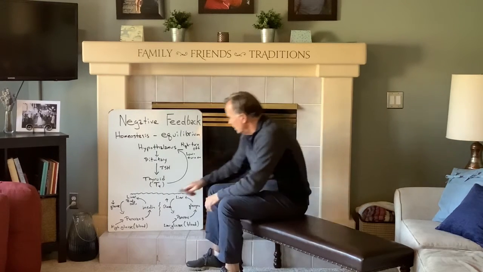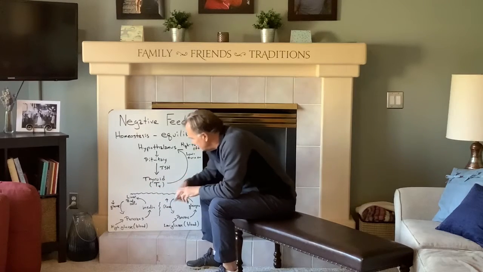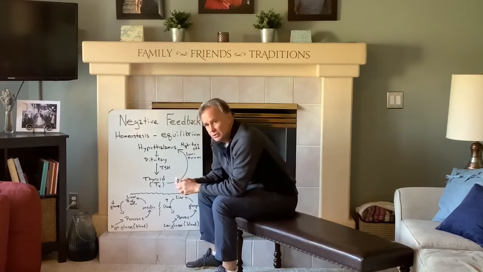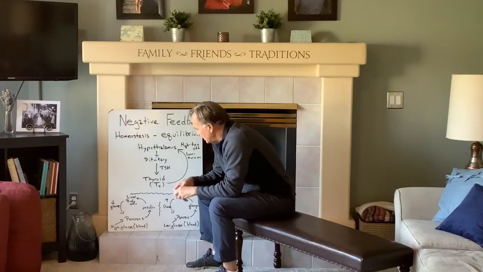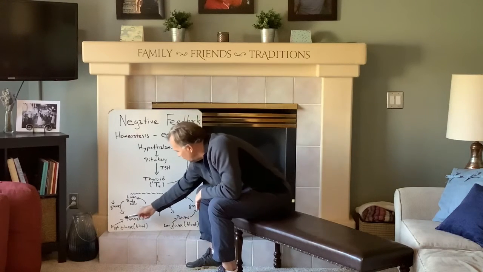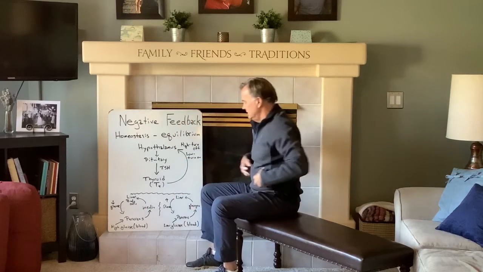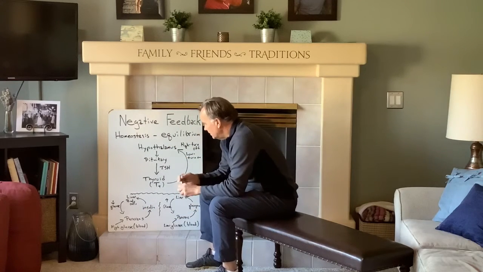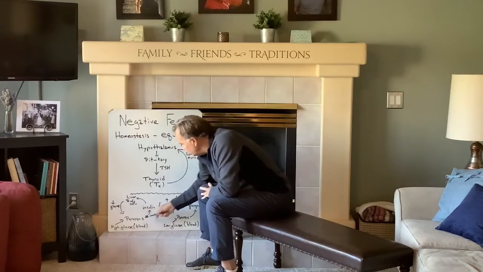So over here, here's how it works. If you get high glucose in your bloodstream, so for example, you eat a lot of candy around Halloween or sugar from a soda pop, your pancreas will read that. Your pancreas is in your abdominal cavity, and it will secrete insulin.